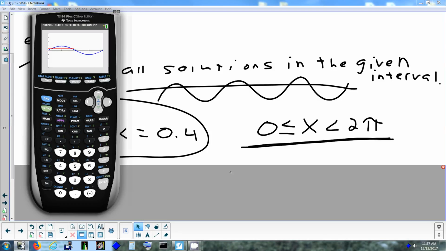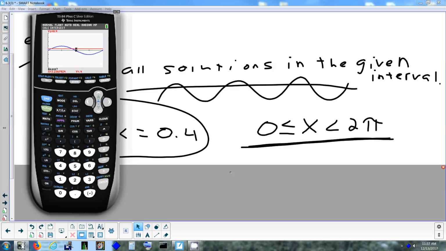Okay, how many intersections do we get? 2. Okay, how do I find an intersection? What do I do? Trace intersect, or second calc intersect. So pick a point somewhere on the blue, somewhere on the red.